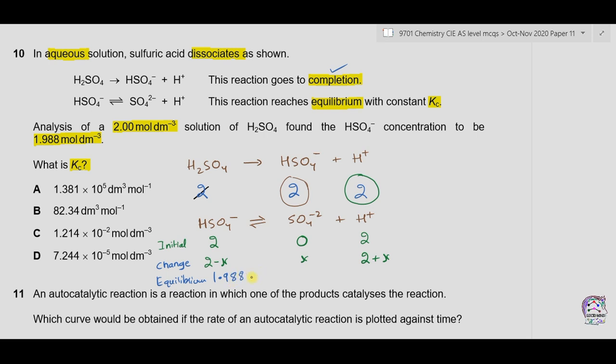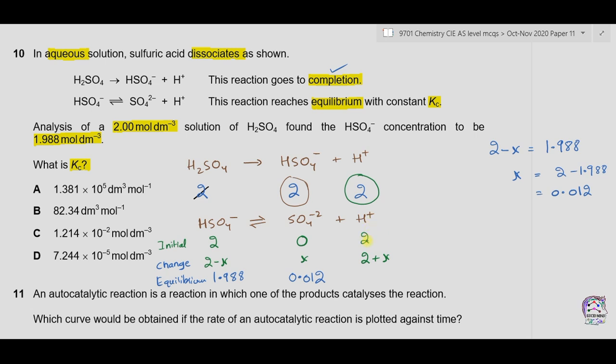As the change was 2 minus X, we can find the value of X: 2 minus X is equal to 1.988. So X equals 2 minus 1.988, which is equal to 0.012. Initially sulfate was 0 and the change has occurred to be X, so the total is 0 plus X, which will be equal to 0.012.